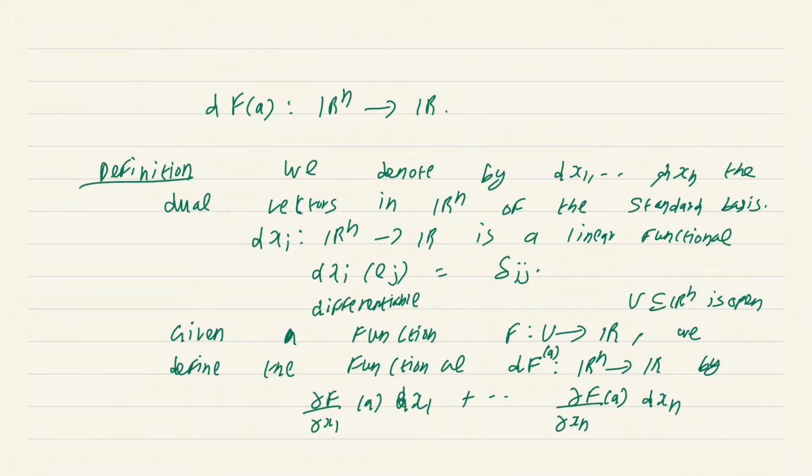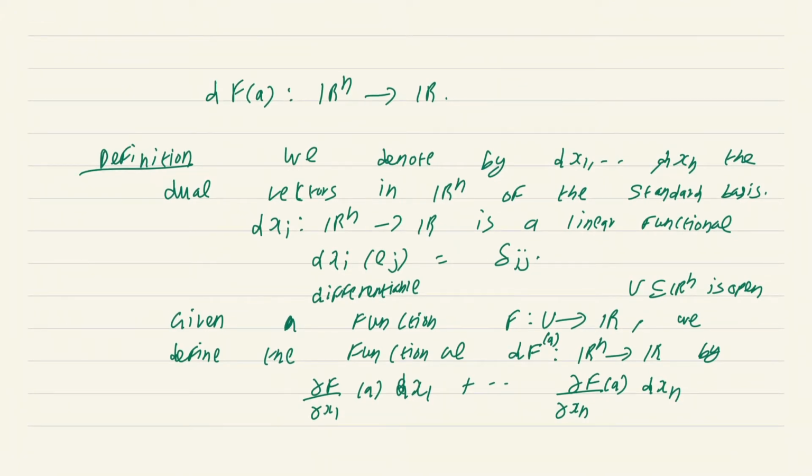In fact, let me be a bit more precise. We define the map df from U to Rn star by df at a acting on v is nothing but del f by del x1 at a dx1 of v plus dot dot dot plus del f by del xn at a dxn of v.